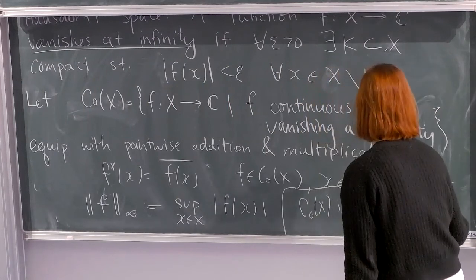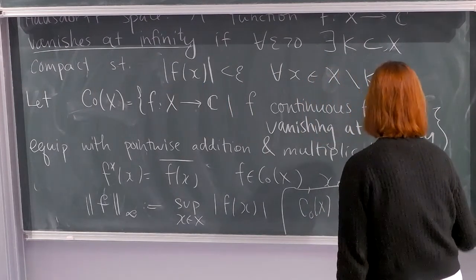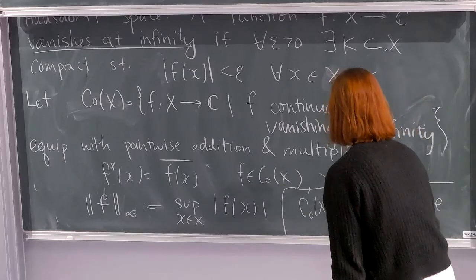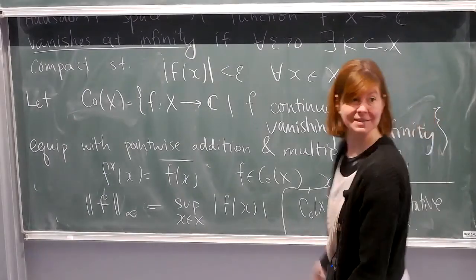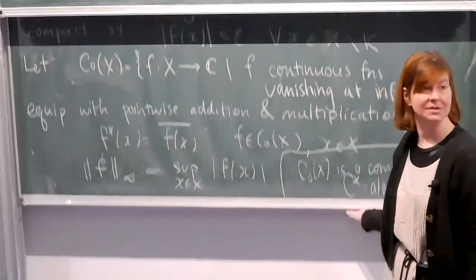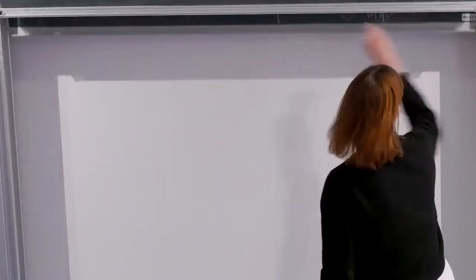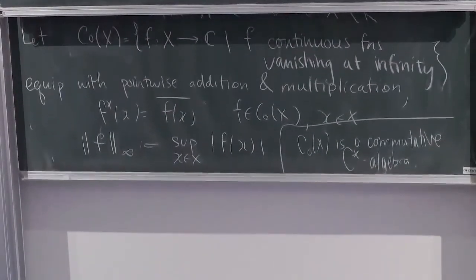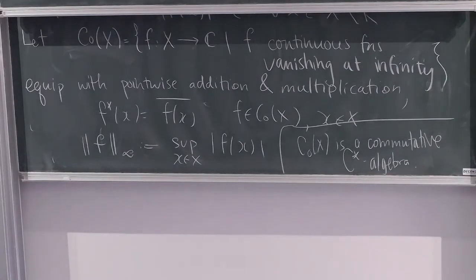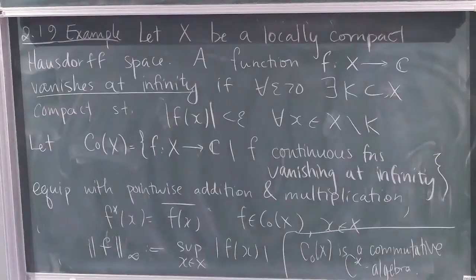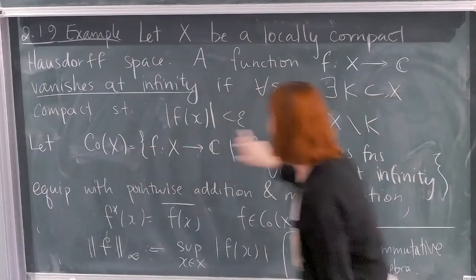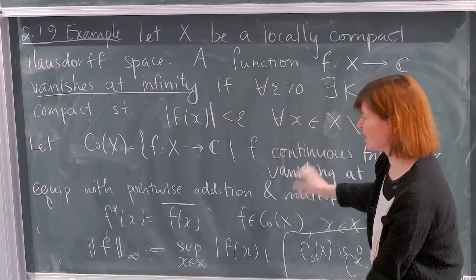And moreover, it's clear that it's commutative. It's commutative, and it's unital precisely when X is compact. And notice that when X is compact, then this vanishing at infinity condition is meaningless.